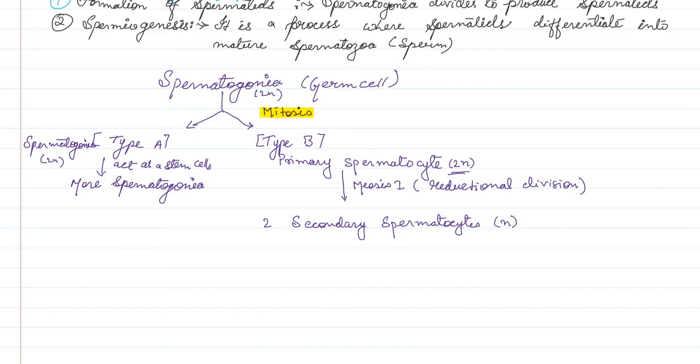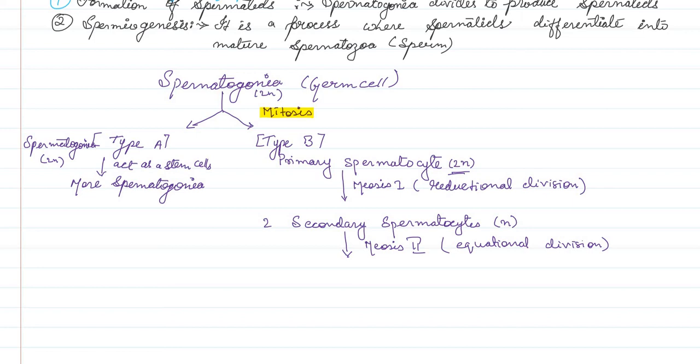Okay, these secondary spermatocytes undergo meiosis 2, and we all know that meiosis II is equivalent to mitosis. Meiosis II is an equational division where the chromosome number doesn't change.